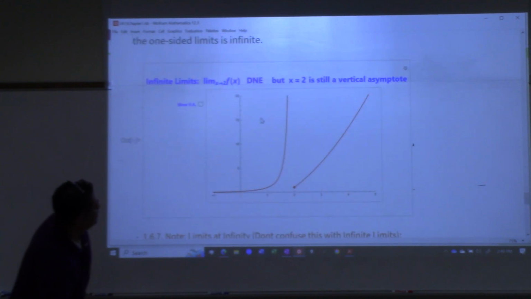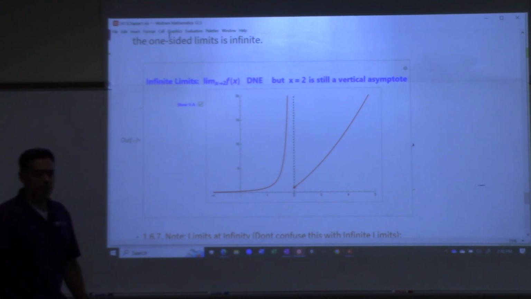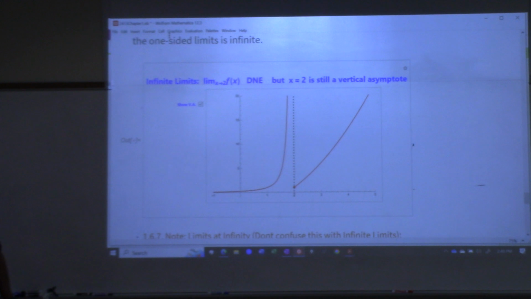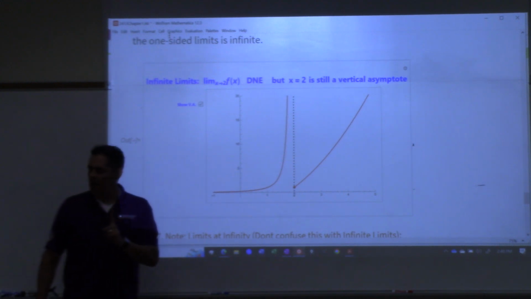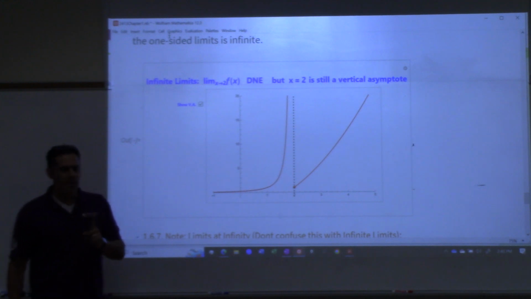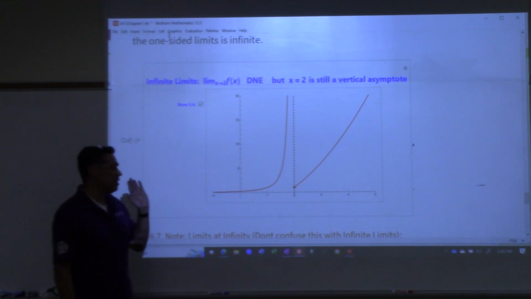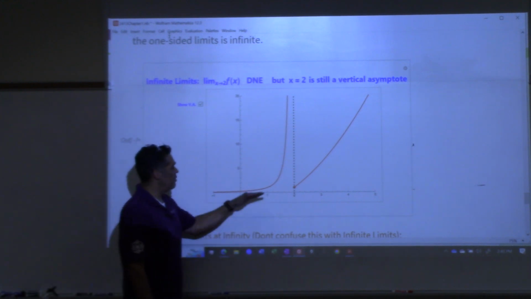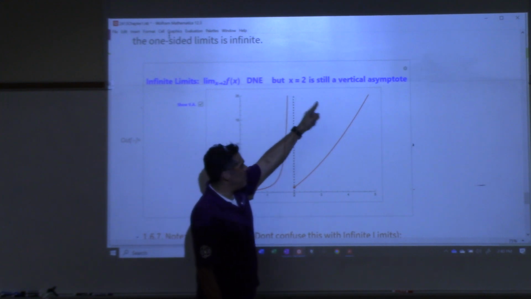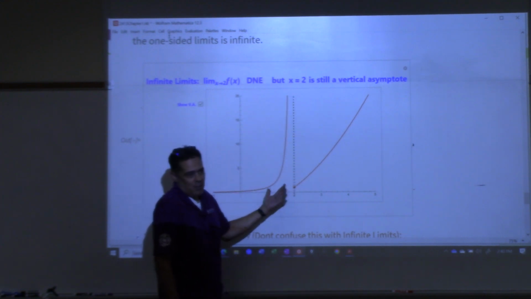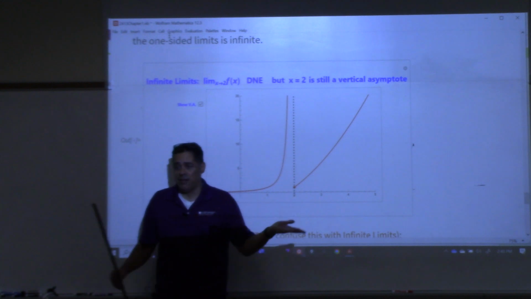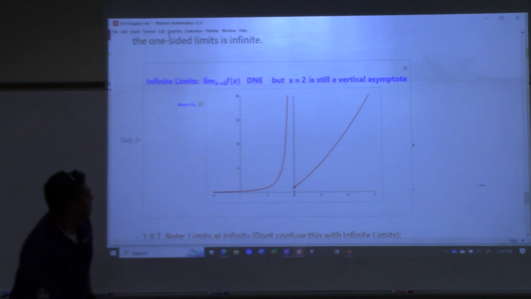Look at this one. Do y'all think we have a vertical asymptote there? Yes. Why? We only need it from one side. That's all we need to be called a vertical asymptote. You just need the limit from one side to go to infinity. So from the left, it heads to infinity. From the right, I don't care anymore, because from the left it went to infinity, right?